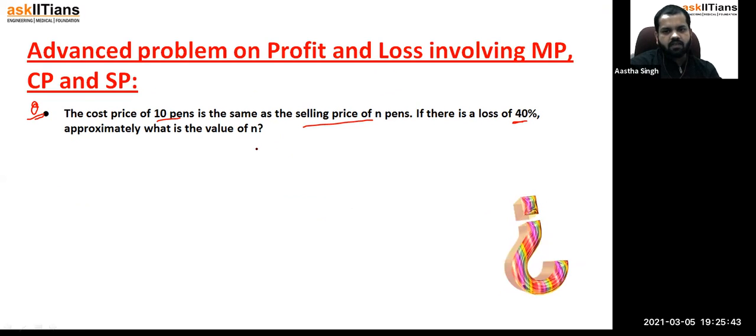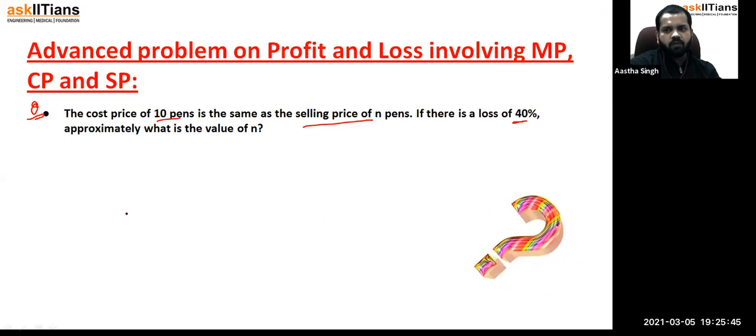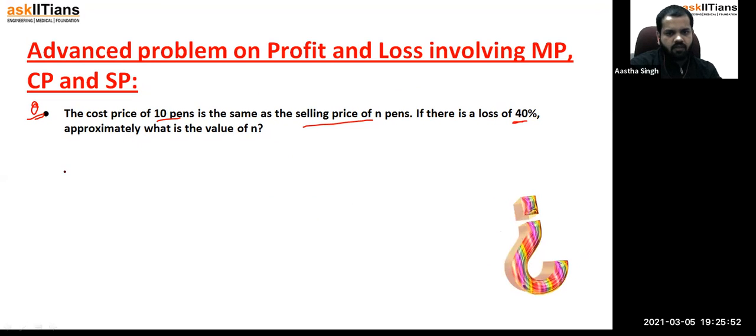So guys, this is how I do this type of question, right? First I write that cost price of 10 pens.